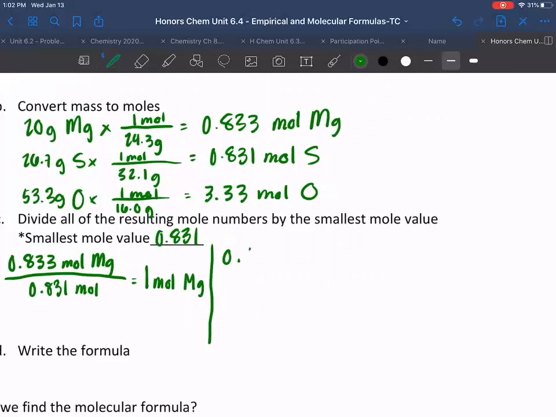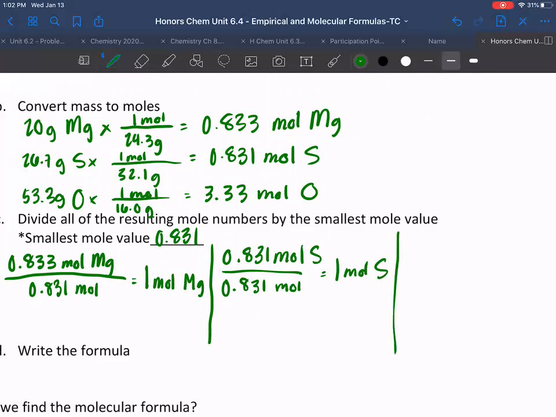Then we know that we're going to have 1 mole of sulfur, as that was our smallest mole value, but I'm just showing the work anyway. And then oxygen, 3.33 moles of oxygen divided by 0.831 moles gives us 4 moles of oxygen.